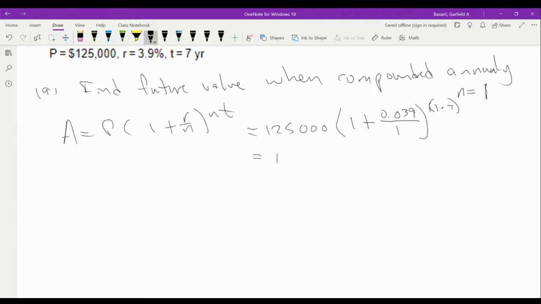So someone got 133,400.19. Now for money, we normally round to 2 decimal places, okay? Can someone confirm Samuel's answer?